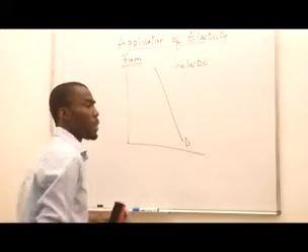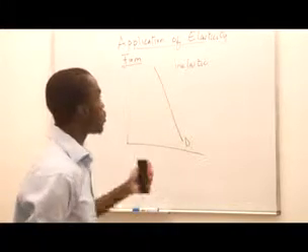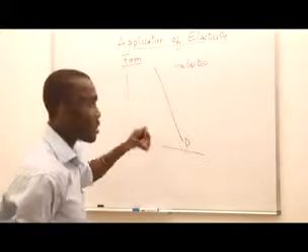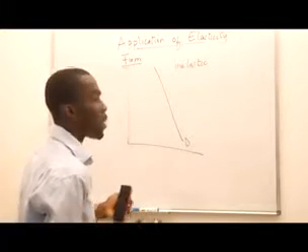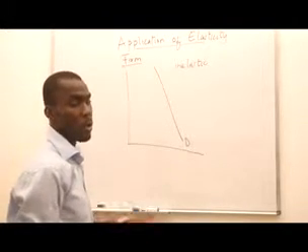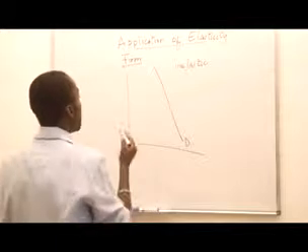The question is, will it be advisable for the firm to increase its price or to decrease its price? And which one will earn the firm a higher profit margin or greater total revenue?